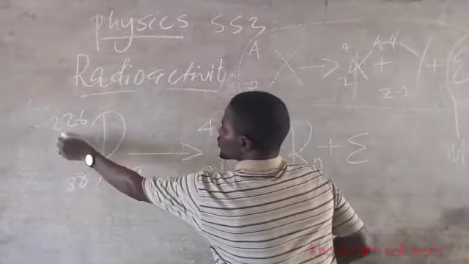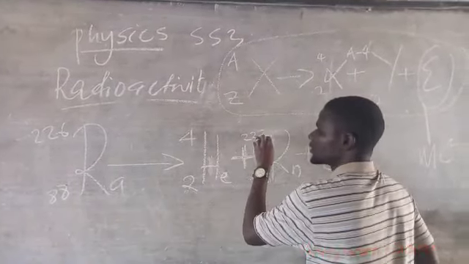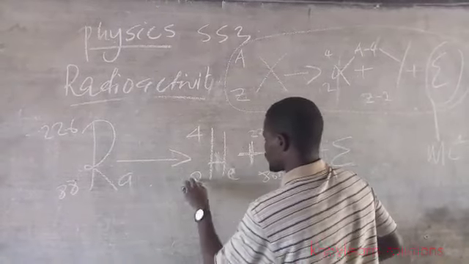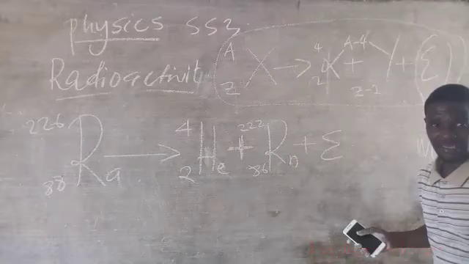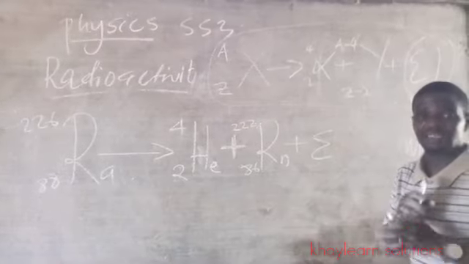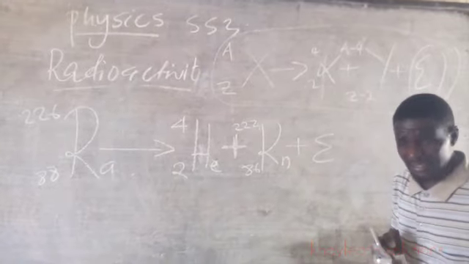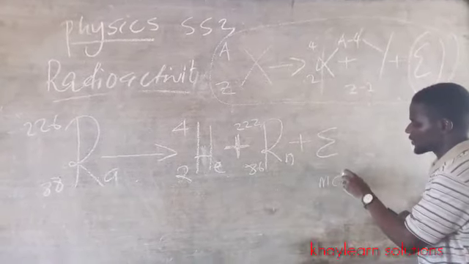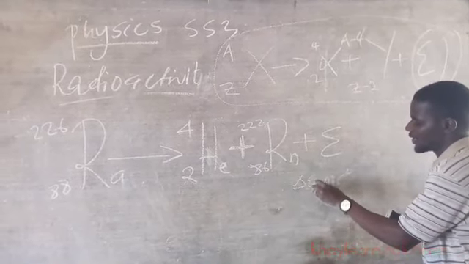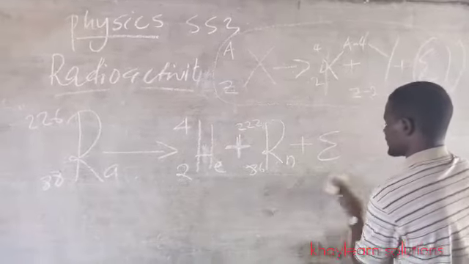By saying 226 minus 4 making 222, then 88 minus 2 making 86, plus energy released. In this transformation, it releases energy, and that energy is in the form of the formula mc squared. That is delta E equals mc squared. That is the energy emitted naturally.